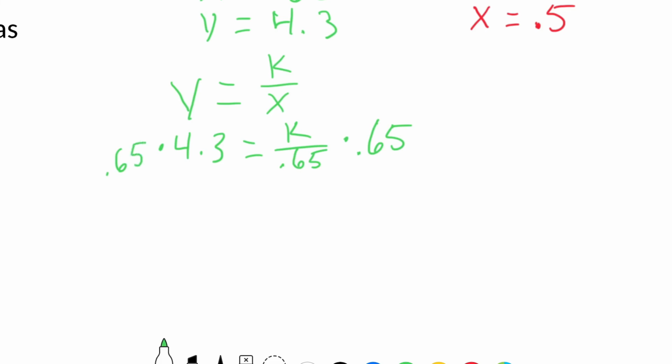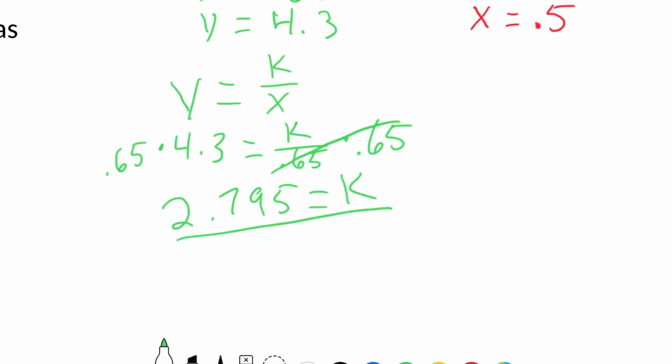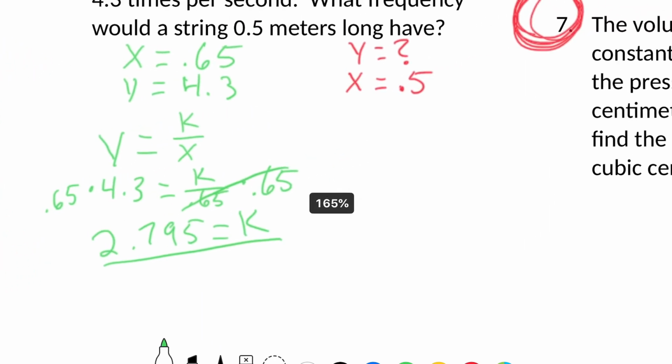Multiply by 0.65, it cancels out, and we get 2.795 equals k. And again, this is for the whole problem, not just the set of data.